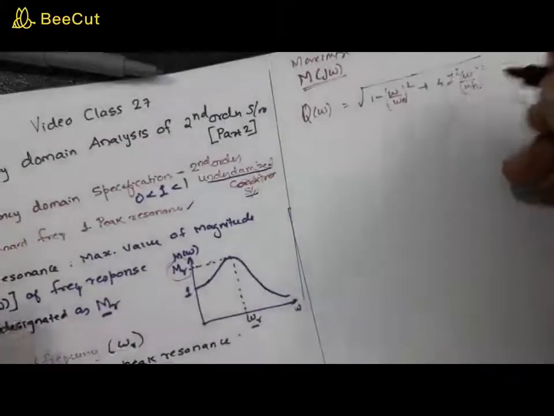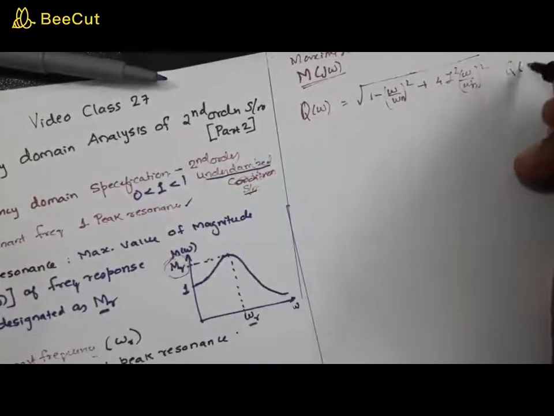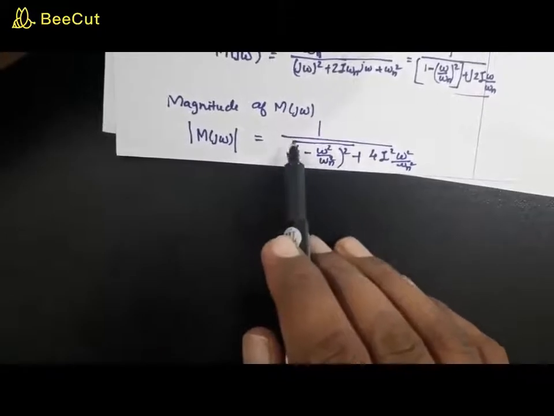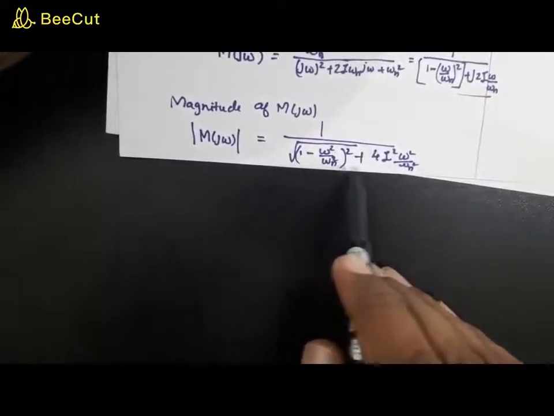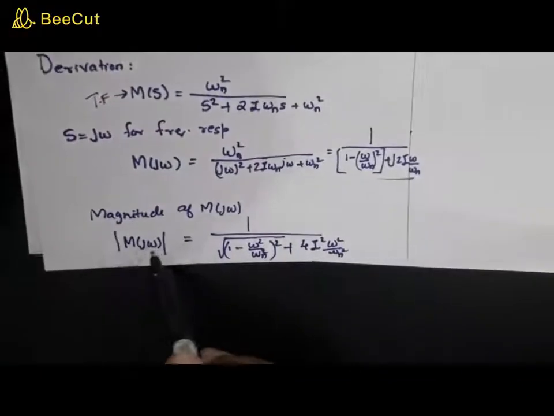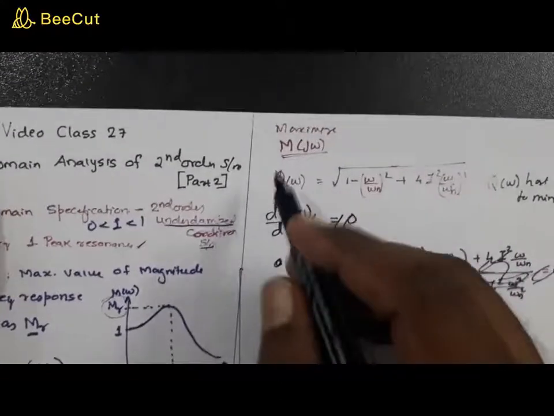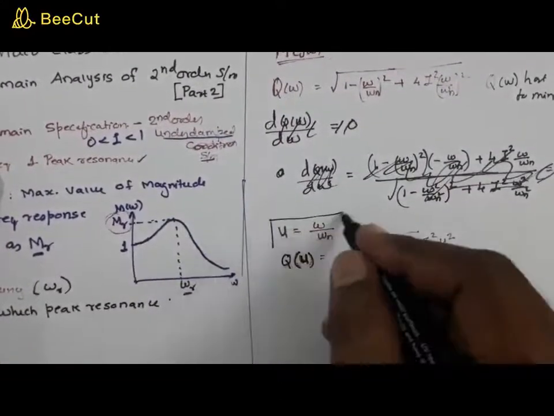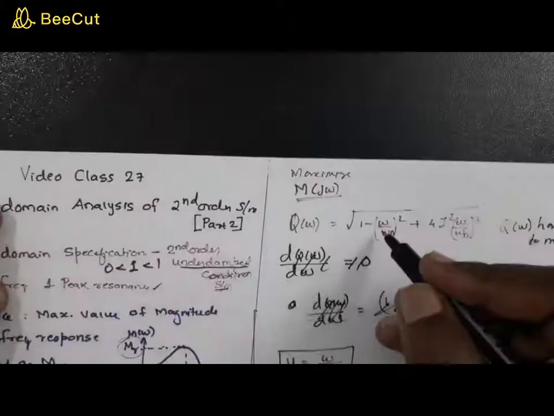Now this Q of omega has to be minimum, right? I repeat again, for this M of j omega to be maximized, I have assigned this denominator to be Q of omega. This Q of omega has to be minimum for M of j omega to be maximum. So in this Q of omega, I am assigning u to be equal to omega by omega n.